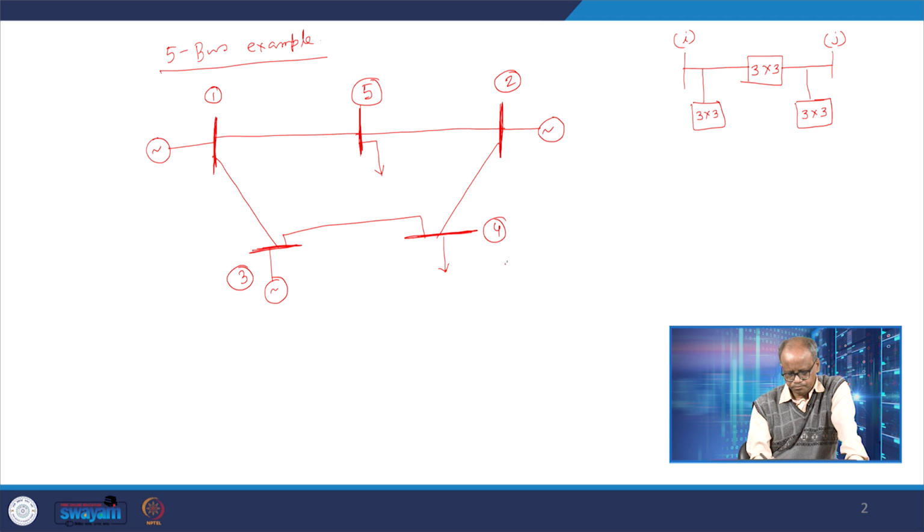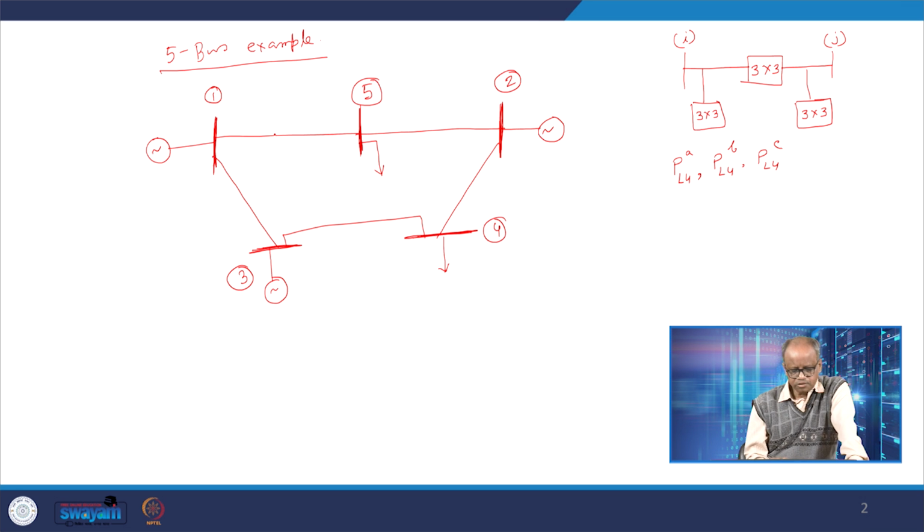And every bus, let's say bus 4 and 5, have loads in phase A, phase B and phase C. So for example, in bus 4, the loads are PL4A, PL4B, PL4C.